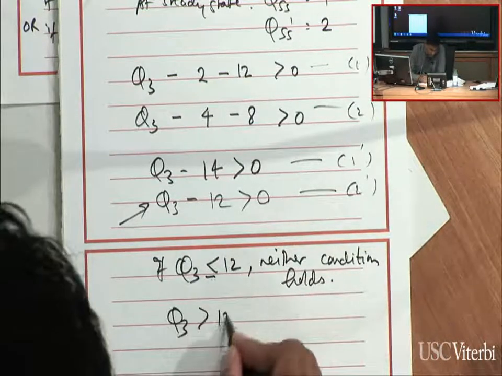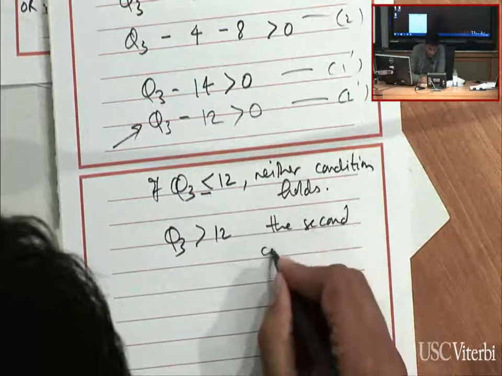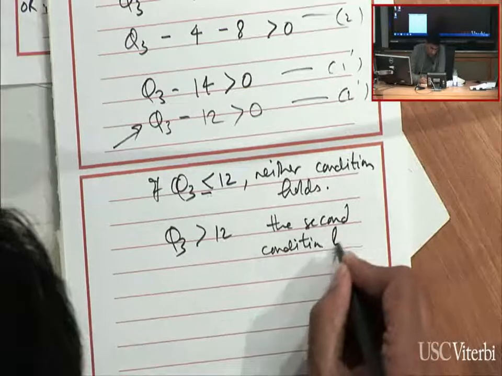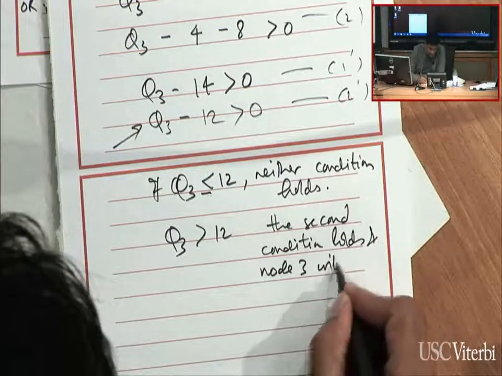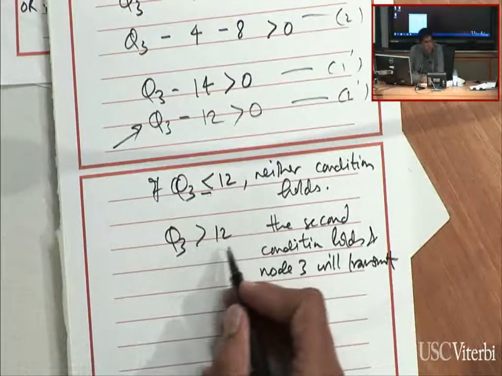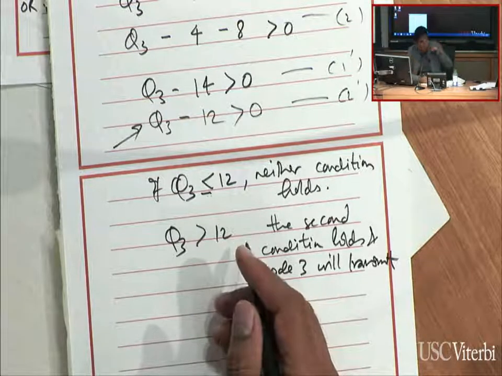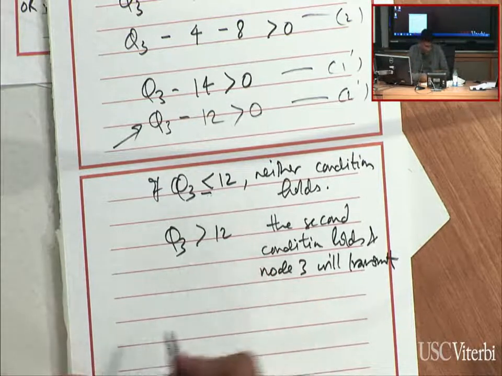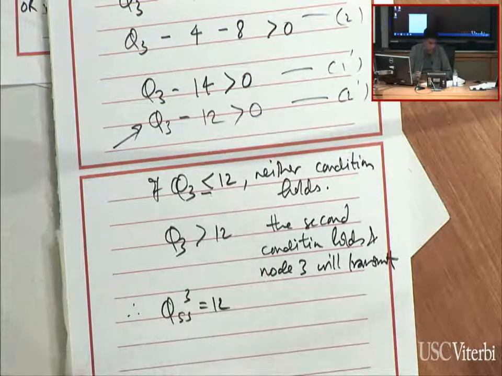And Q3 bigger than 12, the second condition holds, and node 3 will transmit, right? So therefore, any number for Q3 bigger than 12 cannot be in steady state. At any number bigger than this, assuming the other queues are in steady state, you will push a packet out. Which means that at steady state, it has exactly 12.